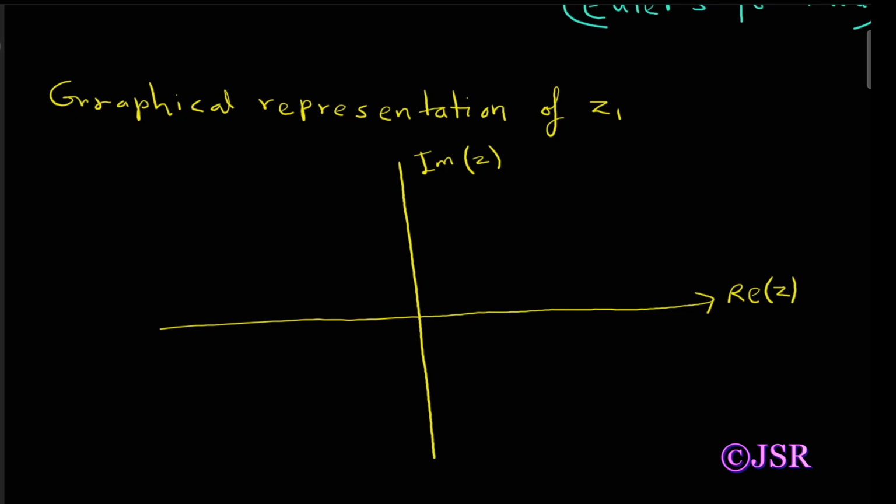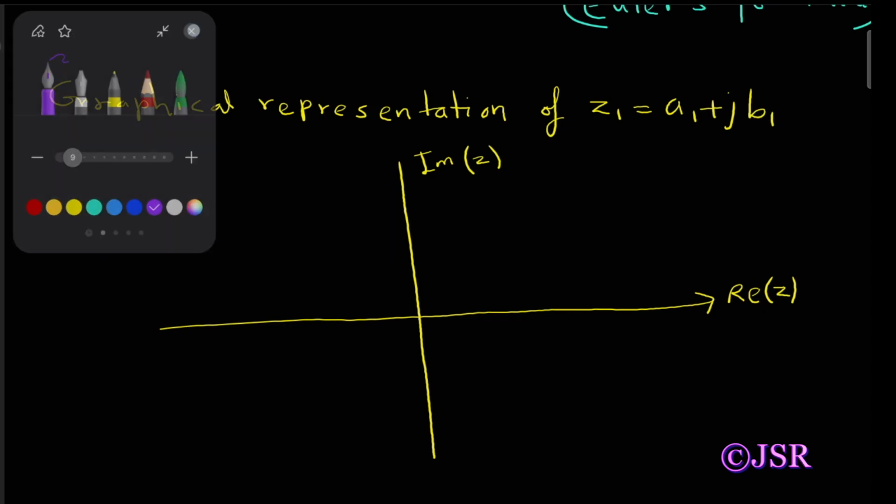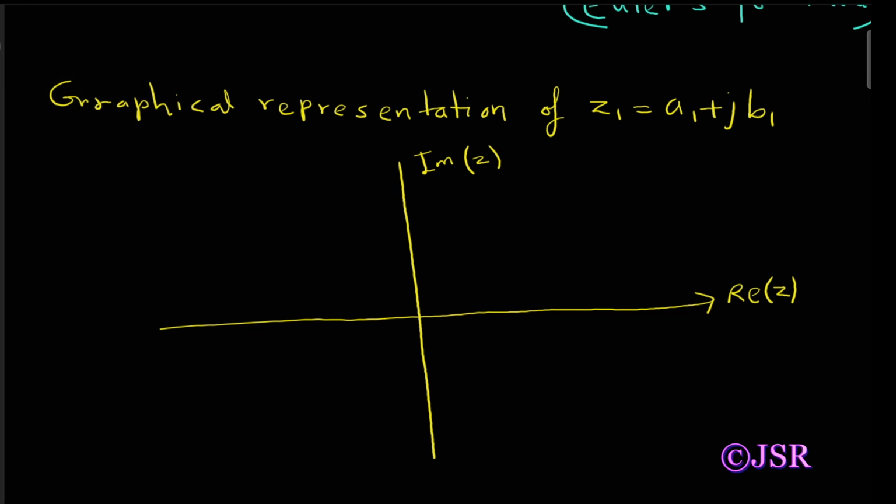The graphical representation of z1, that is a1 plus j b1, can be shown this way.